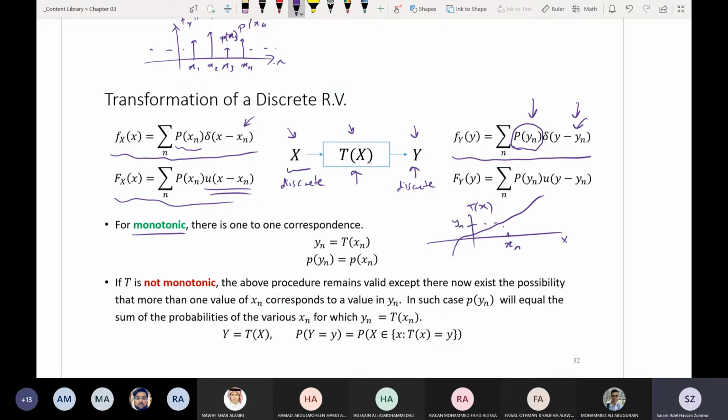Because it goes up or down monotonically. So for every x_n, I have one y_n, whose value is T of x_n, the function evaluated at x_n. And the probability of this y_n equals the probability of x_n. Clear?